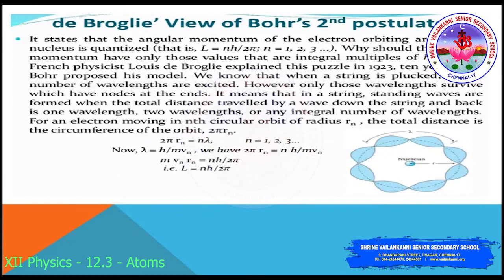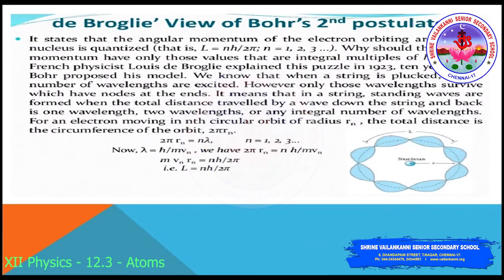So we can say 2 pi r n is equal to n lambda, with n value 1, 2, 3 and so on. You know that lambda is equal to h by m v n, so L is equal to nh by 2 pi, that is m v r n is equal to nh by 2 pi.